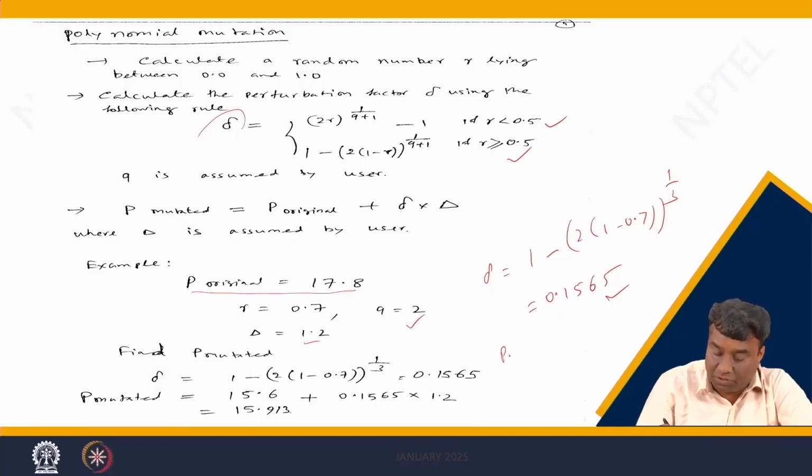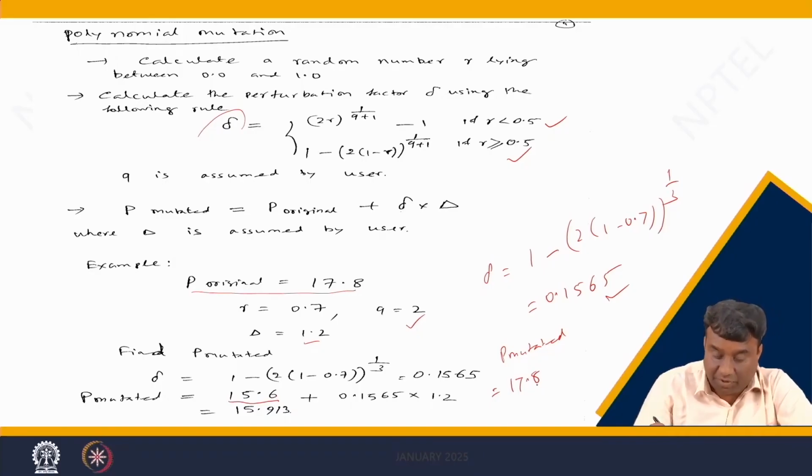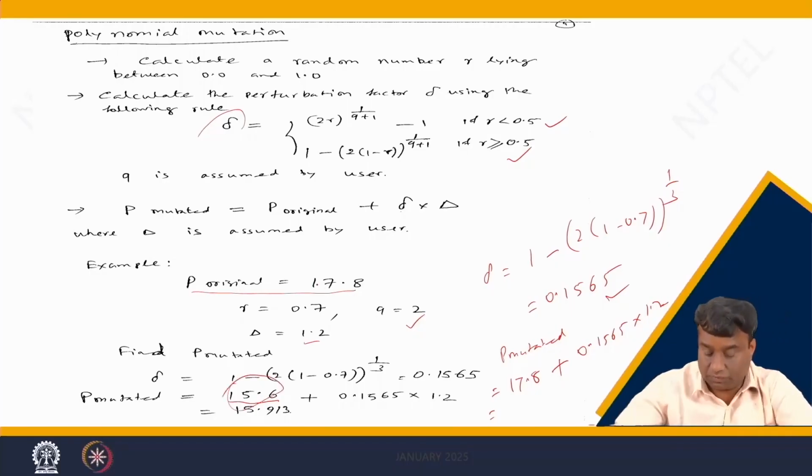So P mutated is 17.8 plus 0.1565 into 1.2. You can calculate the value here. We assume this is 15.6 as the P original.